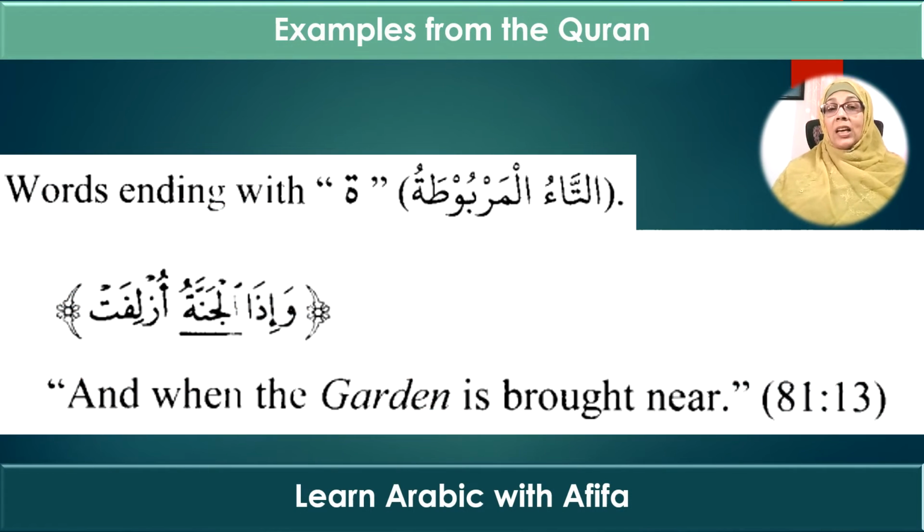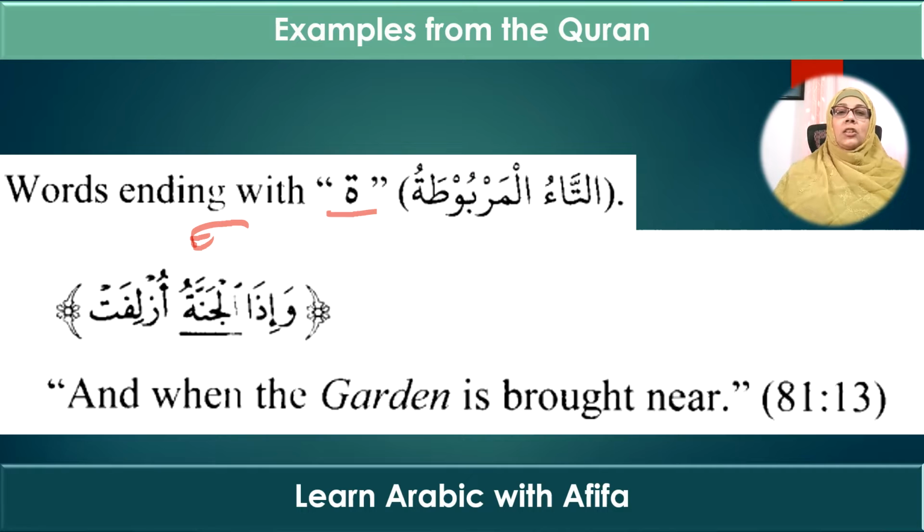So let's take another example from the Quran for words ending with a ta marbuta to indicate the feminine gender. And here we are examining the word al-jannatu with a beautiful verse with a very deep meaning. So Allah is rewarding the muttaqun with the Jannah, which is being brought near to them, right?